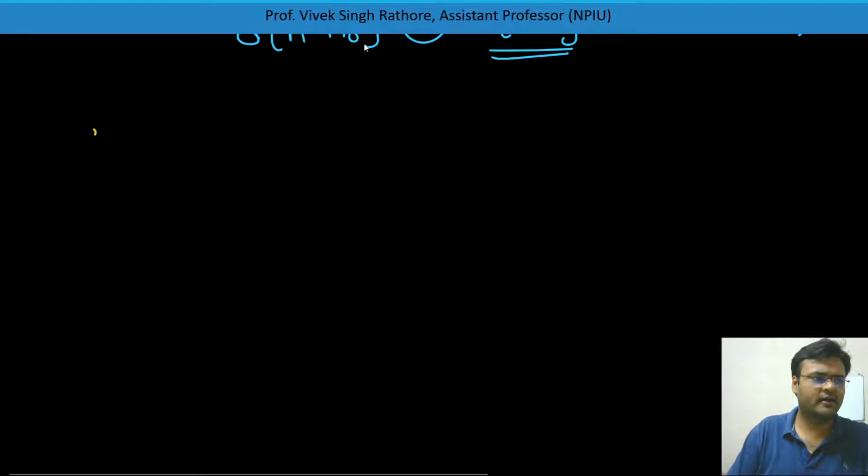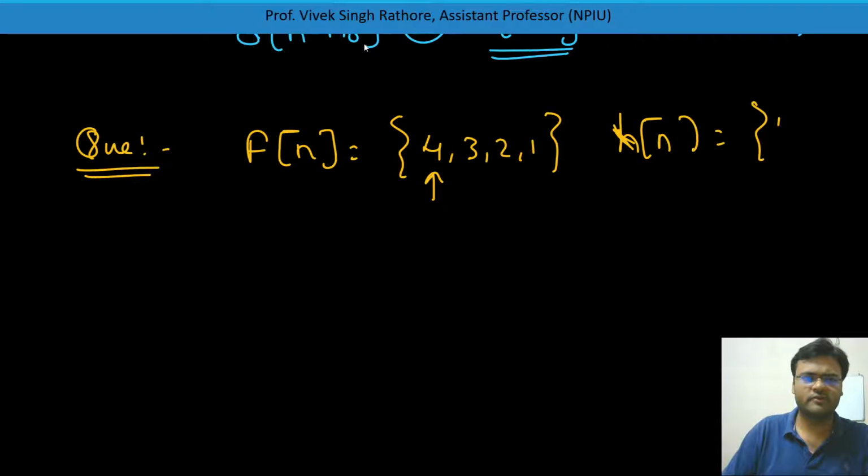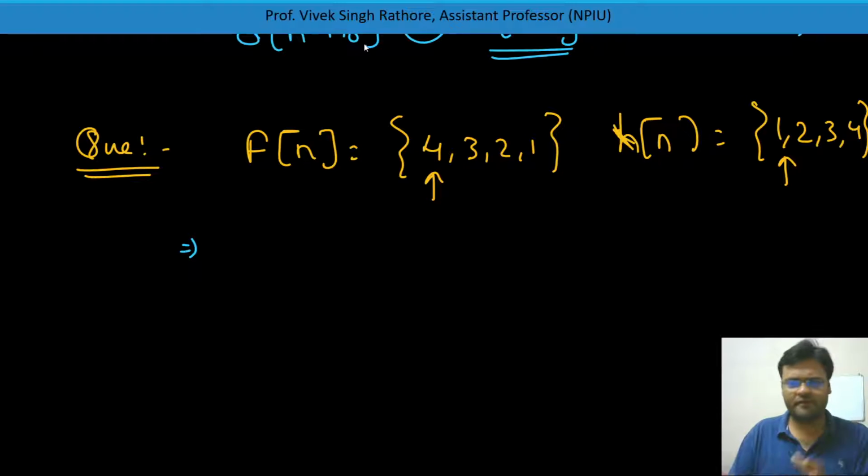This method is the actual multiplication method only. Earlier we have seen the question 4 3 2 1, and h of n was 1 2 3 and 4. Now we were doing f k h minus k and so on. Can we write it in impulse form?